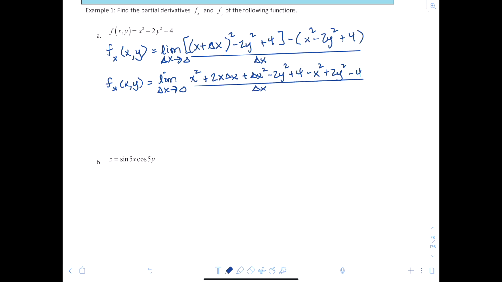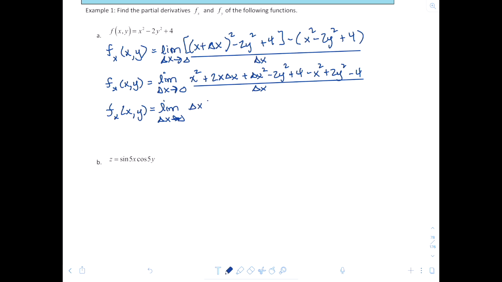And look what happens. Everything zeroes out, the x squared zeroes out. Everything zeroes out with the exception of the terms that have delta x.